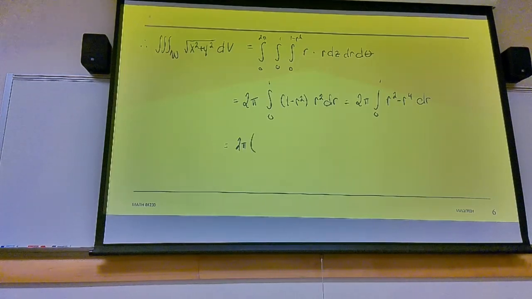What do you get? A third minus a fifth. What is a third minus a fifth? Two fifteenths. And there's your integral, 4 pi over 15.